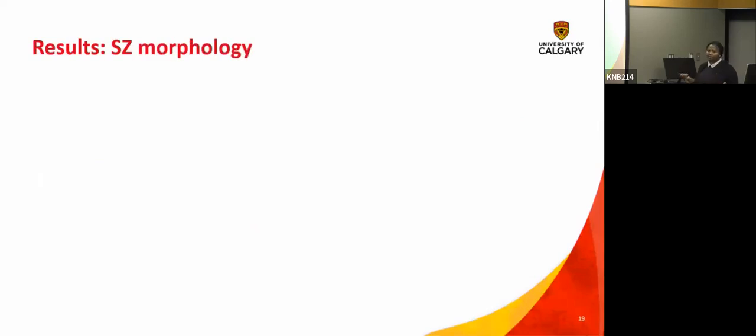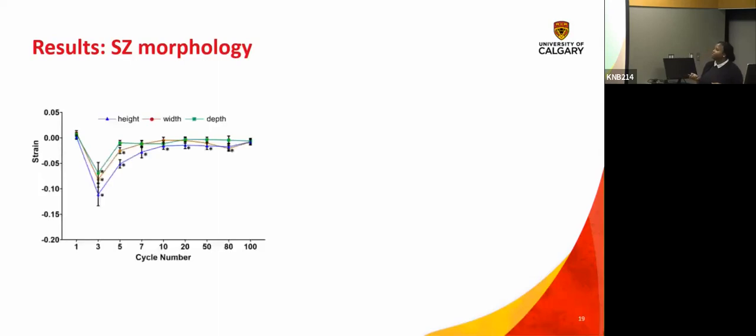Now, in terms of the cell morphology, thinking about the shape, we went ahead to look at what was happening with the height, the width, and the depth as well. When we look at all of them in total, they pretty much behave kind of how the volume was behaving, with the largest deformation being in the height, which was the direction of the load.